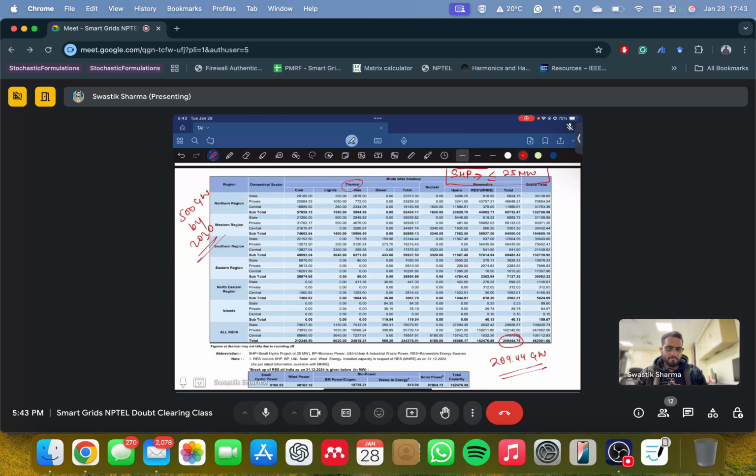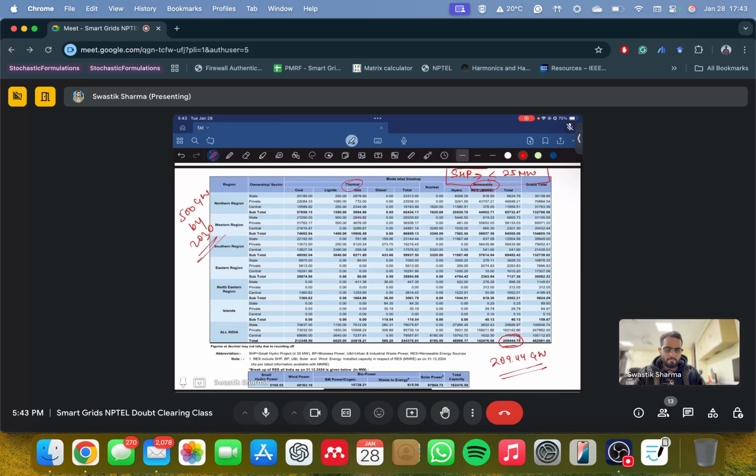Presently, we have 89 gigawatt or 91 gigawatt in renewable. I took this from a published study which says 209 gigawatt.